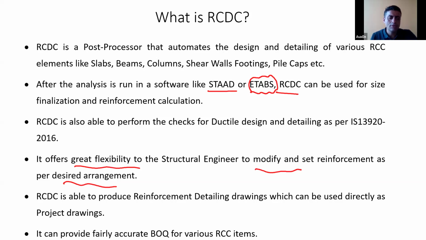Obviously, for that, first you need to have proper knowledge of RCDC, and you need to develop confidence in using it. You need to be sure of what RCDC as a software is doing, what are its limitations, what are its capabilities, what are the things that it is not able to do, and what are the things it can do.